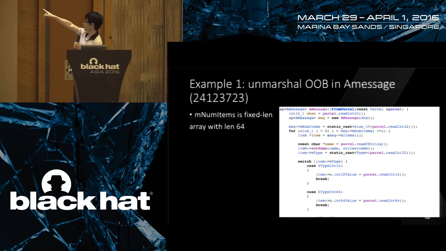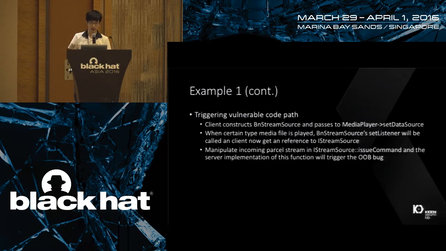We can see in the first line that it reads the number of items from the Parcel input, and then it will loop through this counter and do some writing or reading. Unfortunately, this integer can be totally determined by us. We can set it to a very big integer, and thus we can easily cause an out-of-bound access or out-of-bound read.